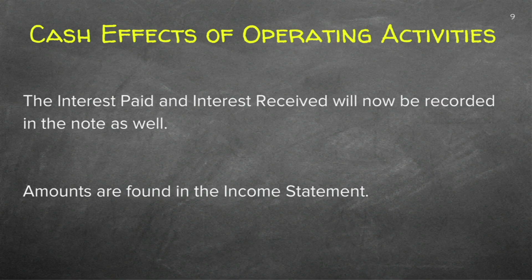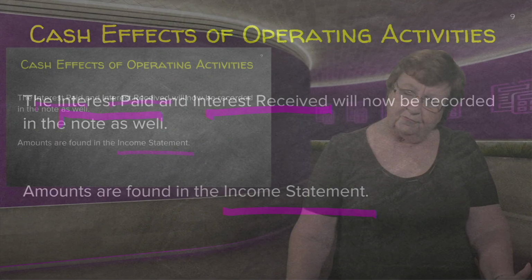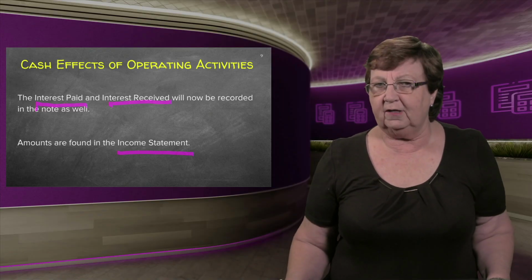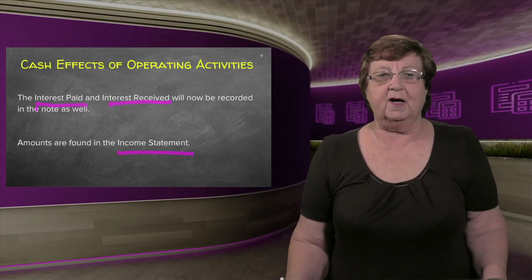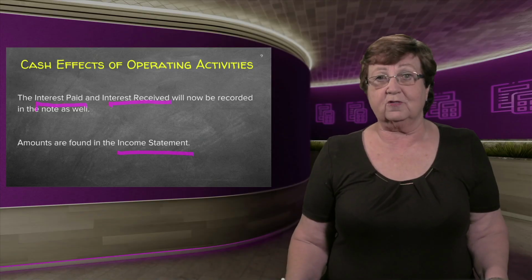Now, what's next? We have got our interest paid and our interest received. And we will be recording this now, and we will get this information from our income statement. So there we have our income statement. Refer to your income statement, have a look, and see what is the amount of interest paid and interest received.